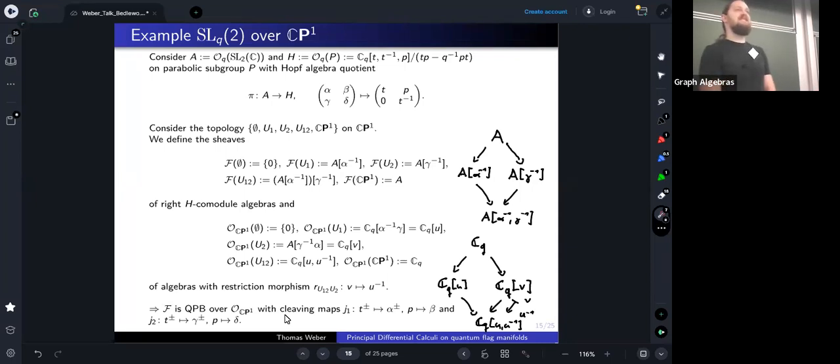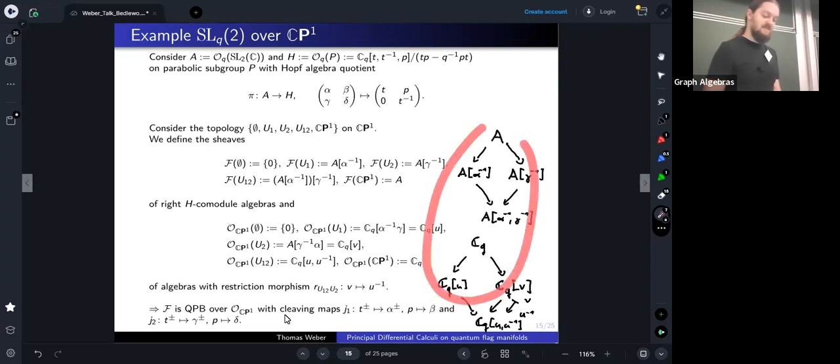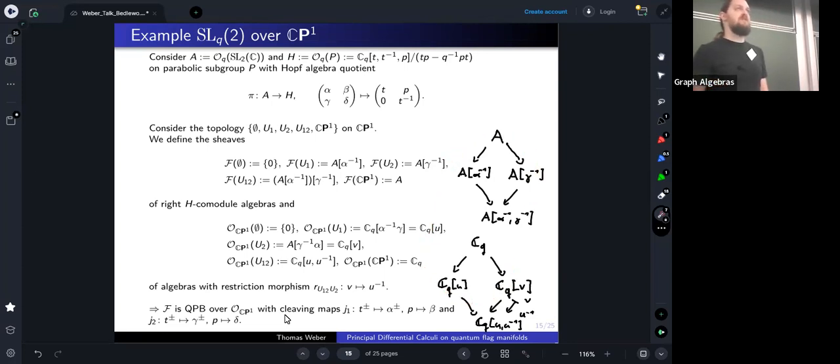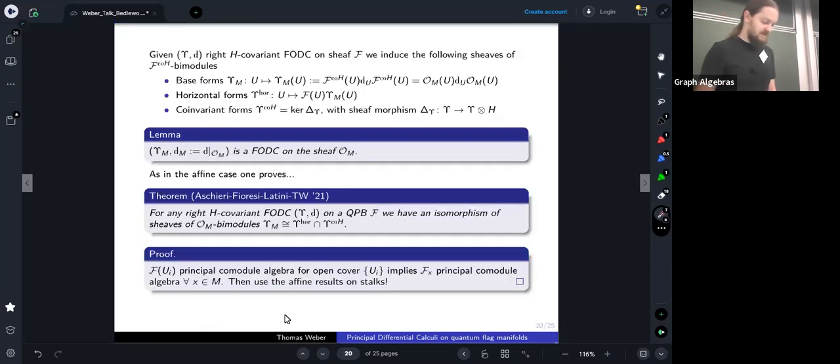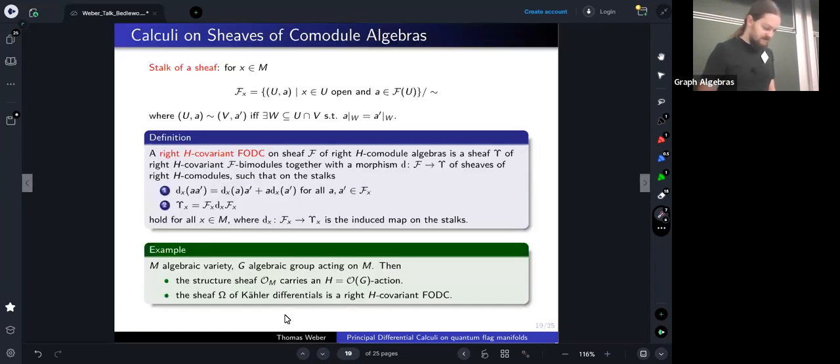Let me explain why you call these pre-sheaves sheaves. Here in this example, this pre-sheaf is automatically a sheaf. I don't have to do anything. I made a general statement that was about OQG. Let me go to it.